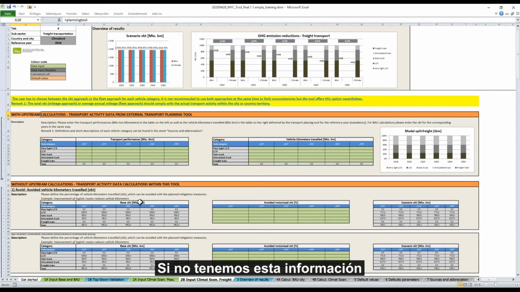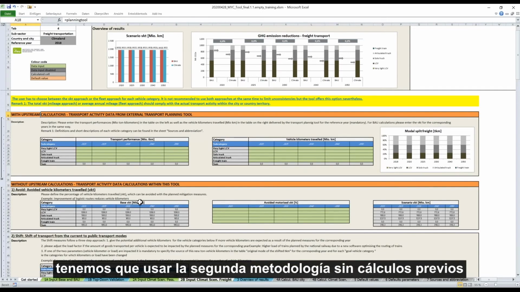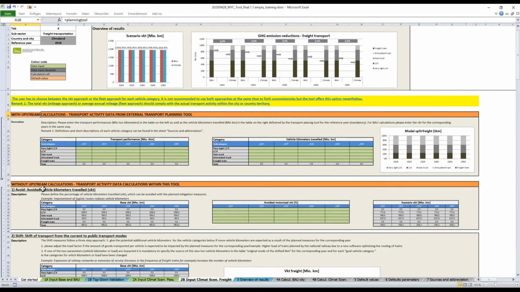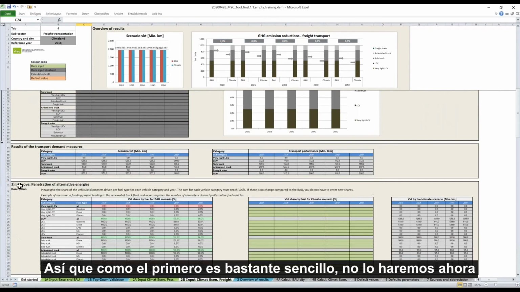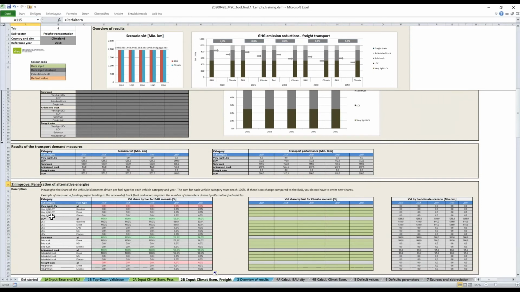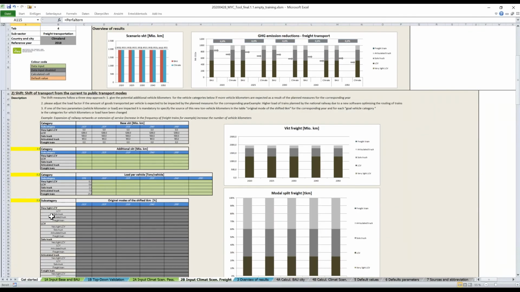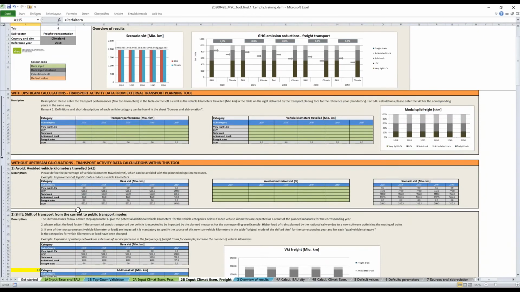If you don't have it, you have to use the second one without upstream calculation. And then we will just meet at the end at the 3 improve. As the first one is quite straightforward, I don't do it. As for passenger, I choose the second methodology, the avoid, with avoid first.